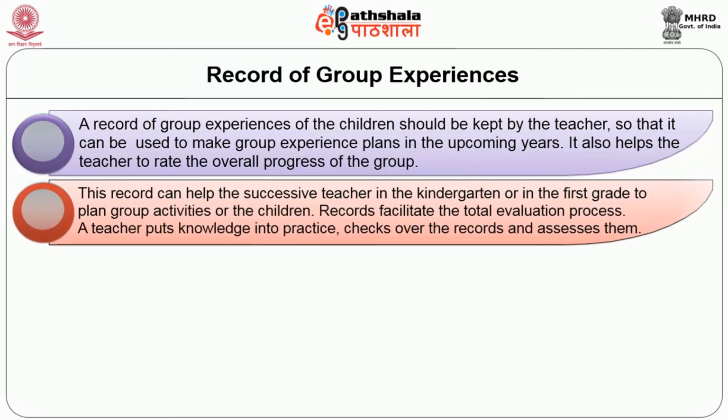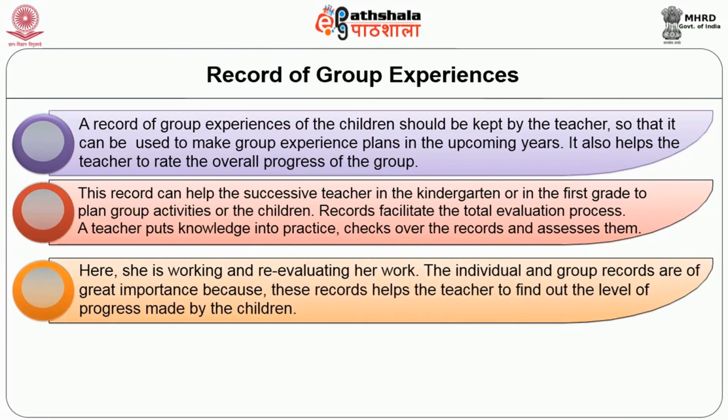This record can help the successive teacher in the kindergarten or in the first grade to plan group activities for the children. Records facilitate the total evaluation process. A teacher puts knowledge into practice, checks over the records and then assesses them.